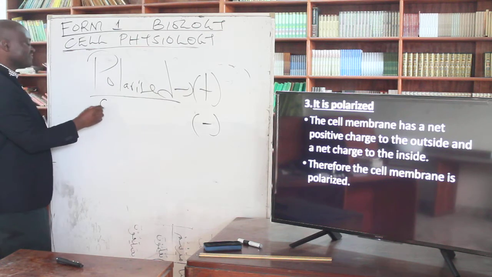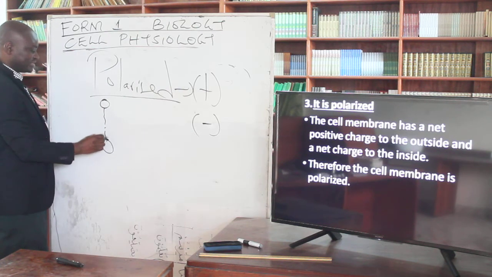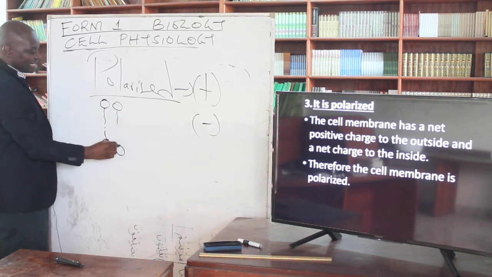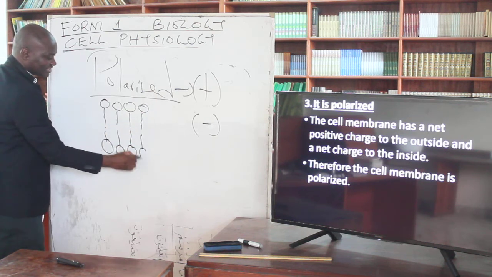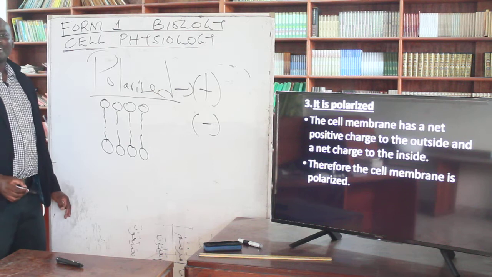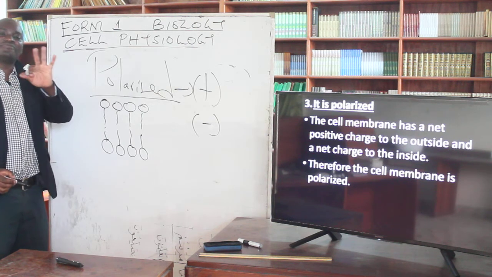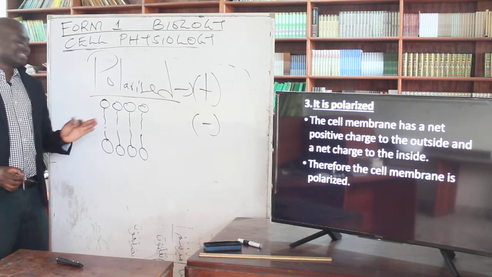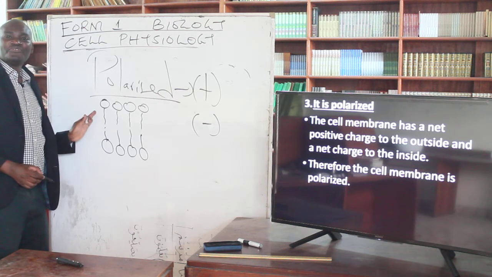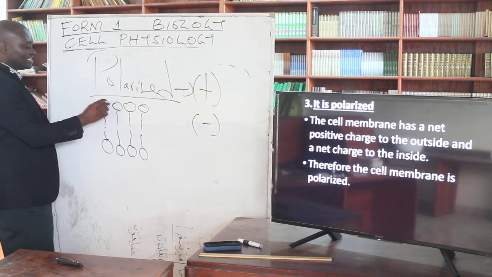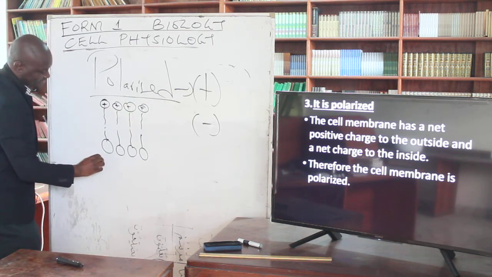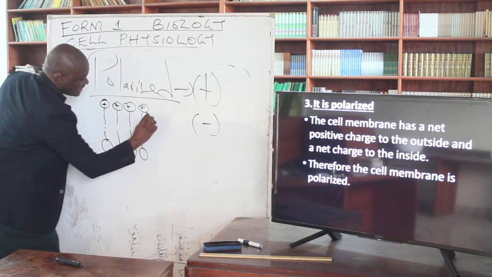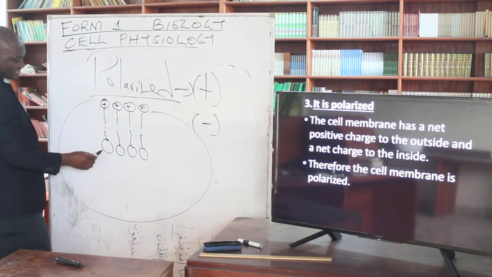So, observing the structure of the cell membrane, the cell membrane is made up of lipid molecules, phospholipid molecules, like that. And if you analyze the structure of the cell membrane, you'll find that outside is positive. If this one was the cell, let's say this one was the cell that way.